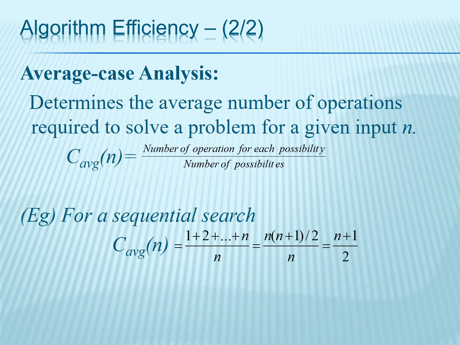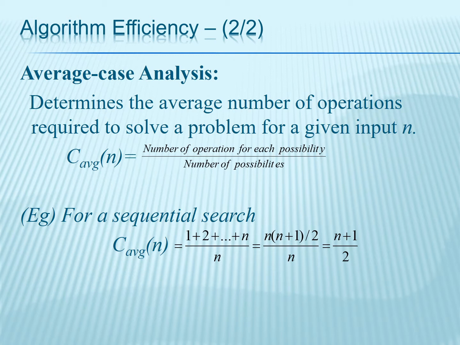If the search element is the second element, the number of operations done will be 2. Similarly, for the third position, fourth position till the nth position, that is, for the search element to be present at the nth position, the number of comparisons will be n.